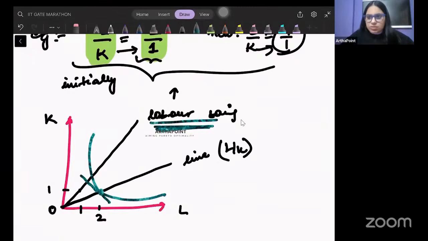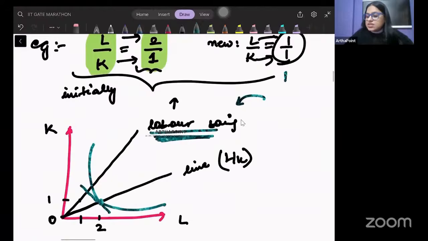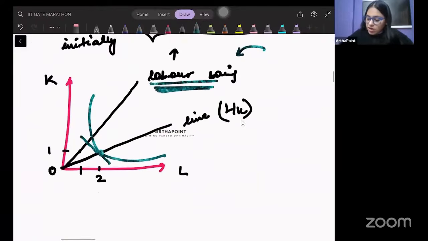Wherever I was reaching my equilibrium, that equilibrium will be reached on the new line, such that this new line represents the ratio of 1:1. So my new equilibrium will be on this line. This point will be my equilibrium. I have to be at a point such that I am across this new labor capital ratio line.